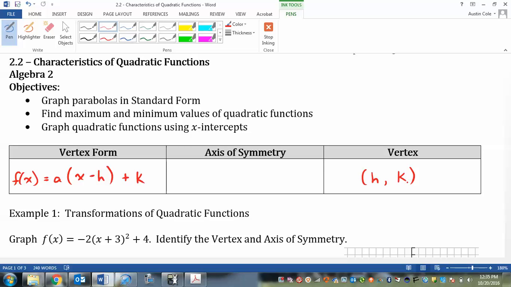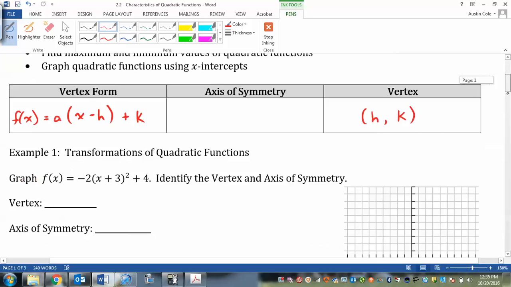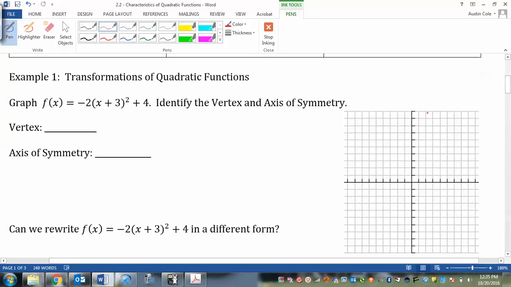No, that's the coordinates. If I were to write an equation of, let's just say, this line, what's the equation for that line?